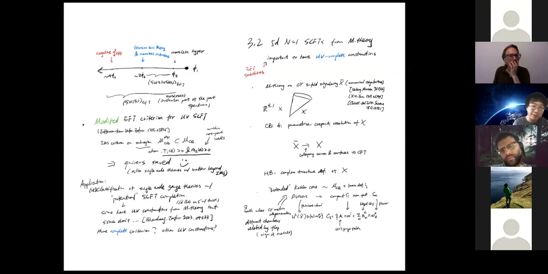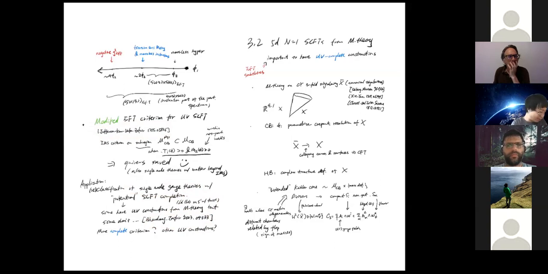There are many possible ways to UV complete, mostly coming from M theory constructions, or from F theory constructions compactified on a circle with possibly twists. As explained in this nice recent paper, some of these theories classified by these authors do have UV completions coming from M theory, but some don't.